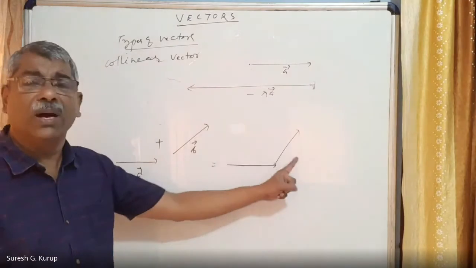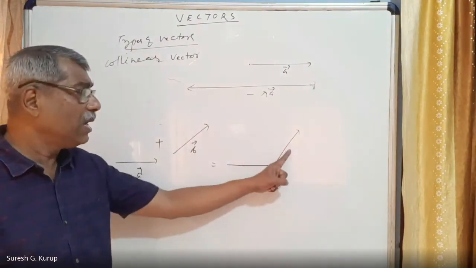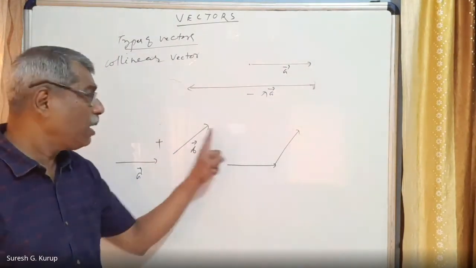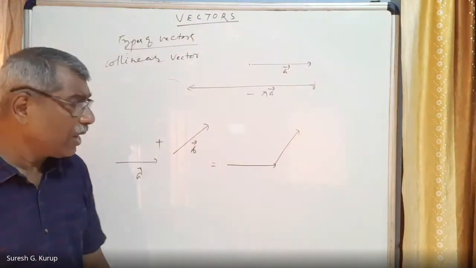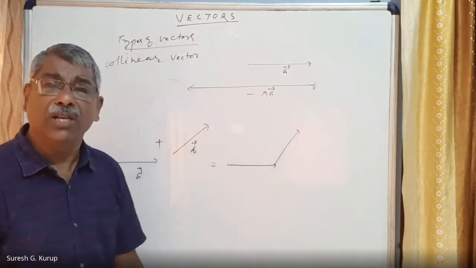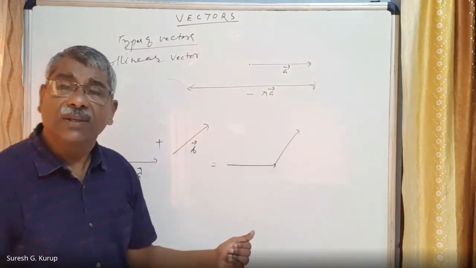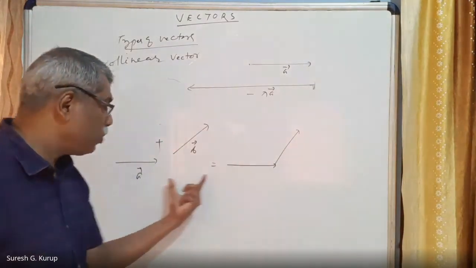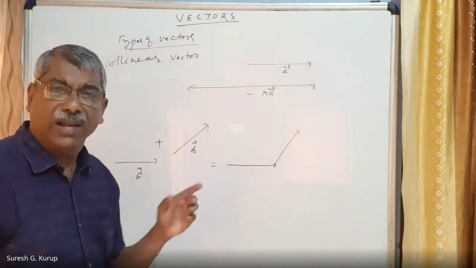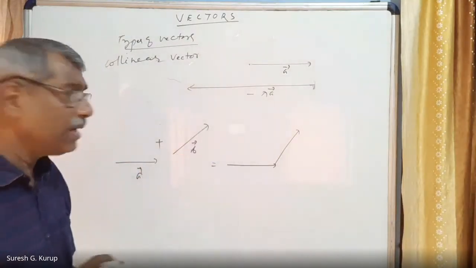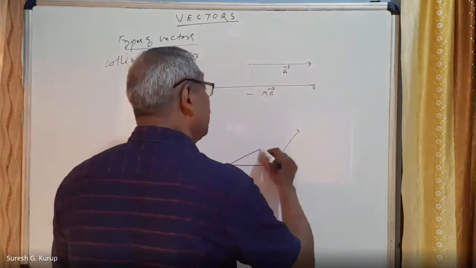But remember, when you adjust the sides, these lines must be parallel to the vectors lying in the plane, right? That means one vector ends, and the other vector starts. Now you will see that the third side is taken in the reversed order.